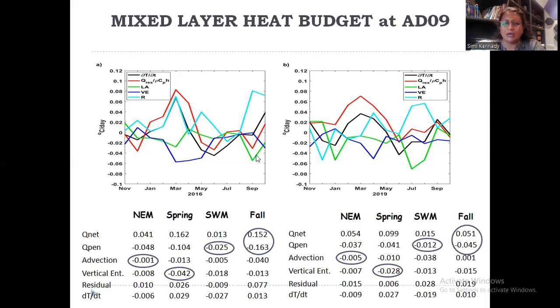And then during October, it follows the net heat flux term, the resultant heat flux, and the residual term is compensating the cooling supported by the lateral advection as well as the vertical entrainment. And in 2019, it almost follows the 1D heat flux during the fall transition months.